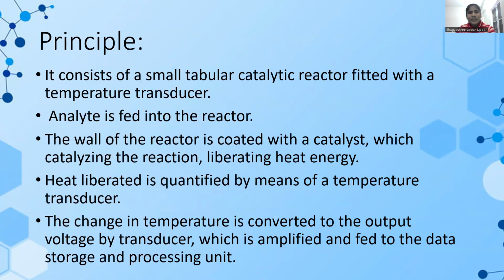Analyte is fed into the reactor. The wall of the reactor is coated with a catalyst, which catalyzes the reaction, liberating heat energy. The liberated heat is quantified by means of a temperature transducer. The change in temperature is converted to an output voltage by the transducer, which is amplified and fed to data storage and processing.